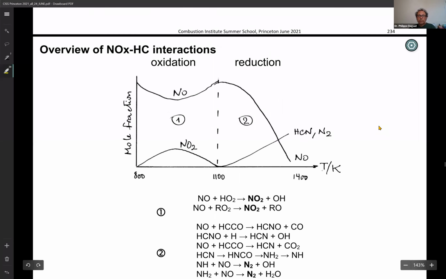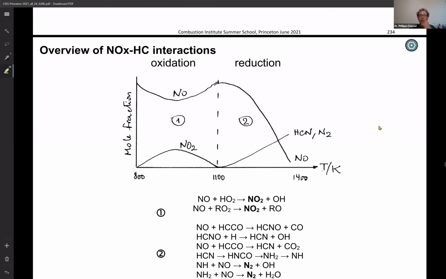So when you operate over a wide range of conditions, you can observe both the mutual sensitization of the oxidation of NO and of the fuel, and then transition to reduction with the appearance of HCN.